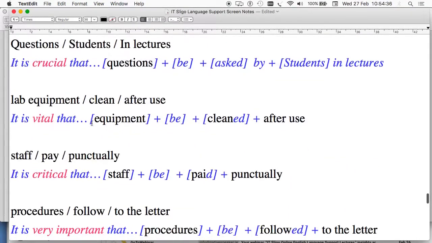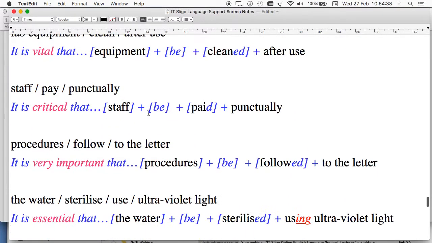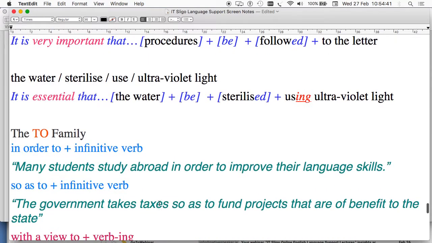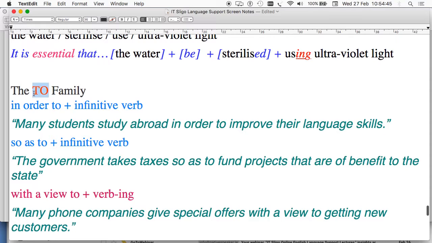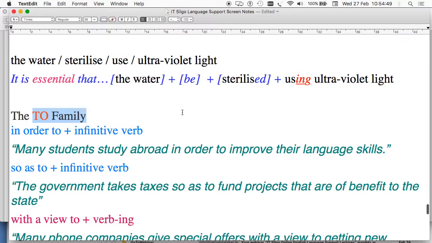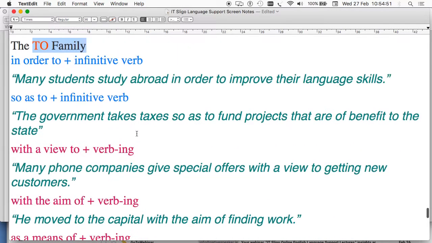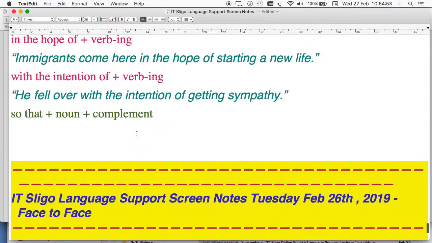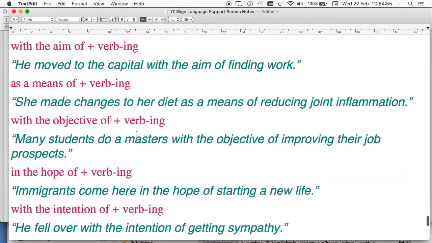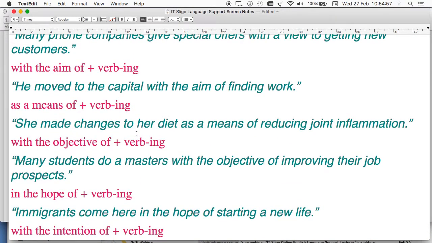Okay, so this section was just other examples of how to do this in the subjunctive, and then we decided we were going to use the subjunctive plus the "to" family when we're going to build our sentences. But they're just examples here, and that's what we covered. So if you go to the video called Subjunctive Passive Voice Intent, which is just the next one down, you'll be able to use these.